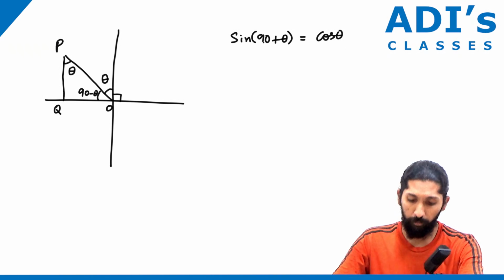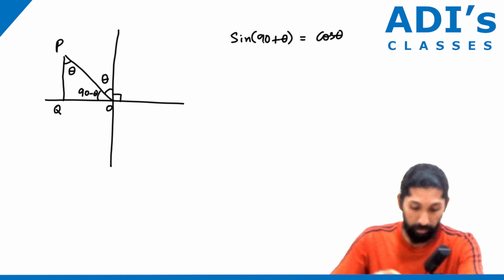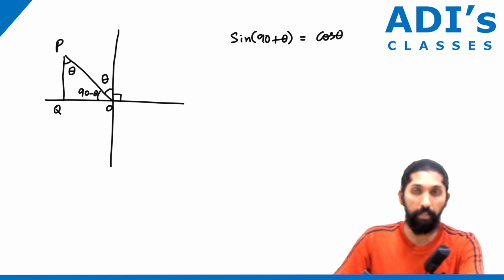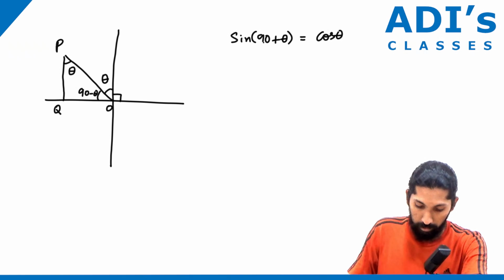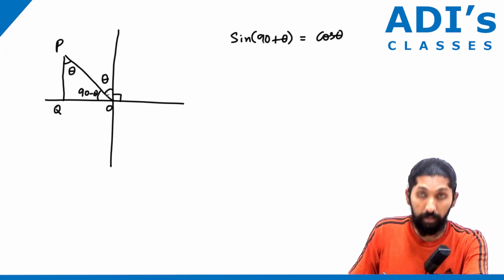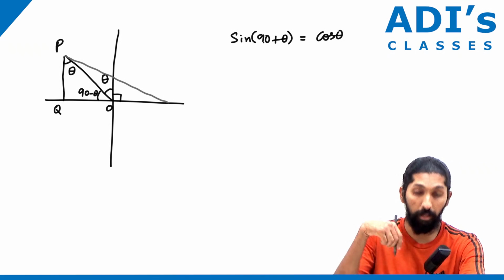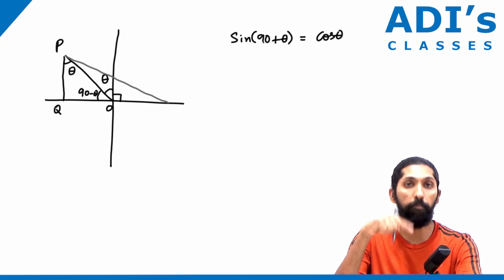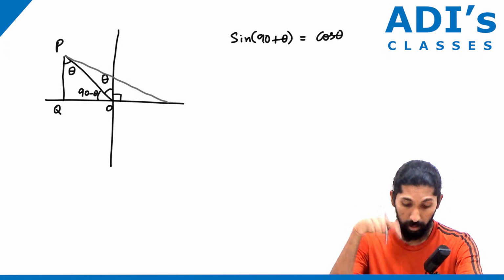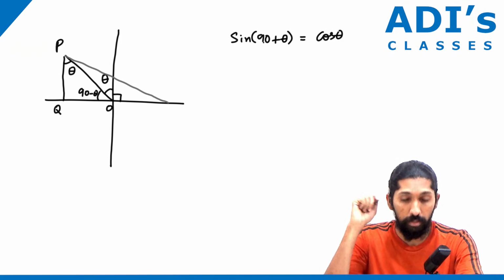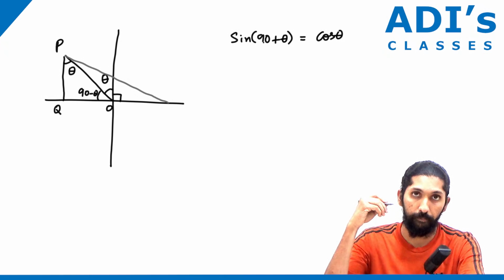Now you might be wondering why this is cos, how did we get cos? For this 90 plus theta, from P we are going to draw one more triangle. Here we have two triangles, one big right angle triangle and one small right angle triangle. With the help of these two triangles, we can get sine of 90 plus theta as cos theta.